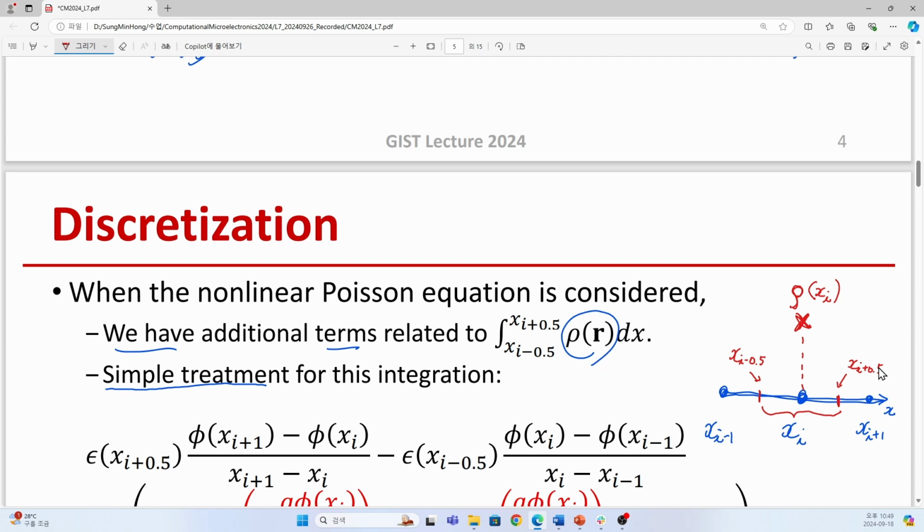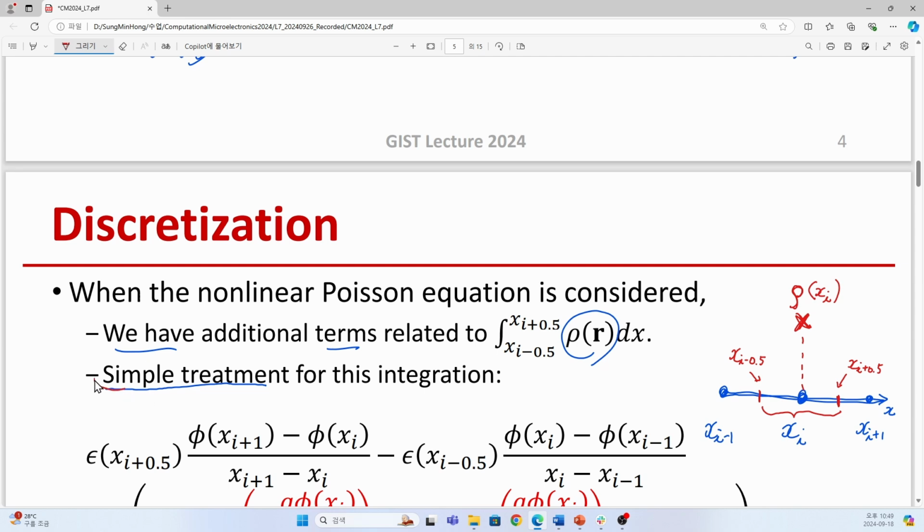So how does it look if we really perform the integration? Well, if we don't have any further information about the actual form of this function, the net charge density, it will be almost impossible.